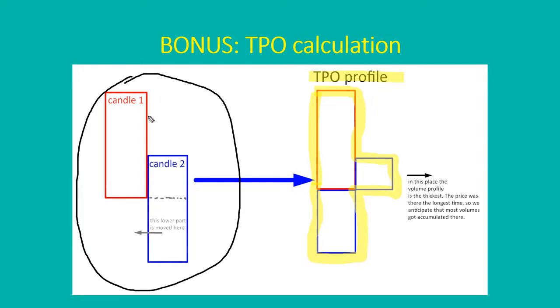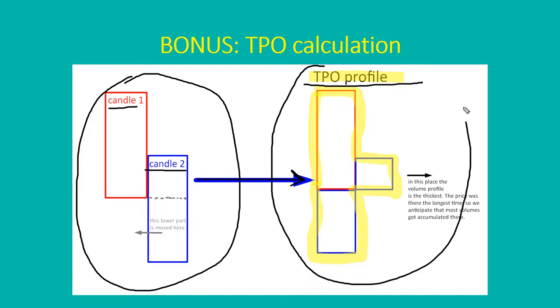This is a demonstration of 2 candles, candle 1 and candle 2. And from those 2 candles, you create this TPO profile. You sort of shift those candles together so they form a histogram.